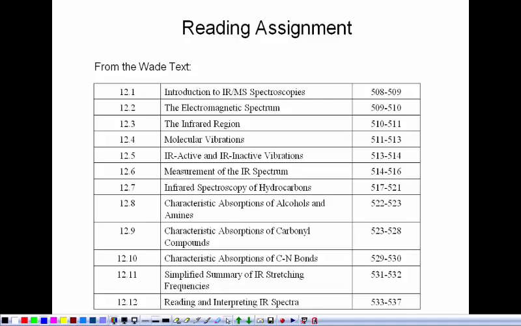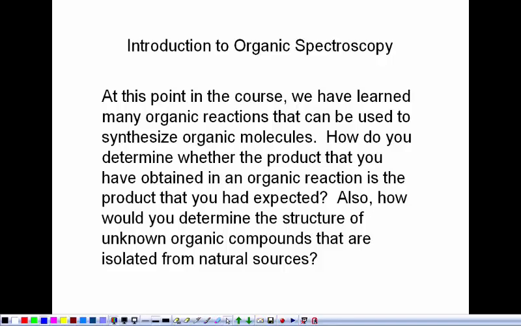Organic spectroscopy consists of basically 4 techniques that we're going to talk about, some in depth, some not so much. So far we've learned many organic reactions, though not as many as you'll know by the end of the year. One of the issues with determining the products is, how do you know what product you got?